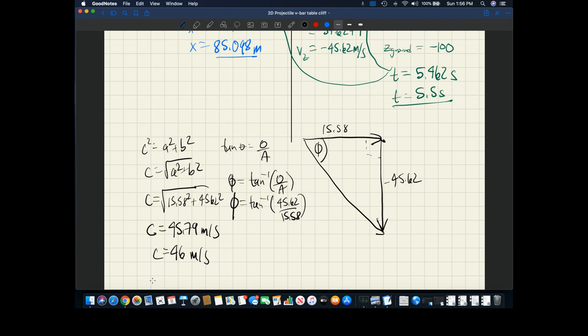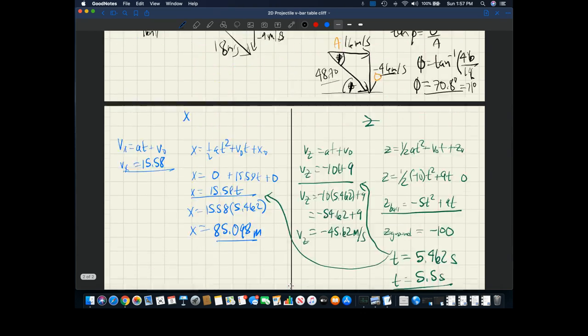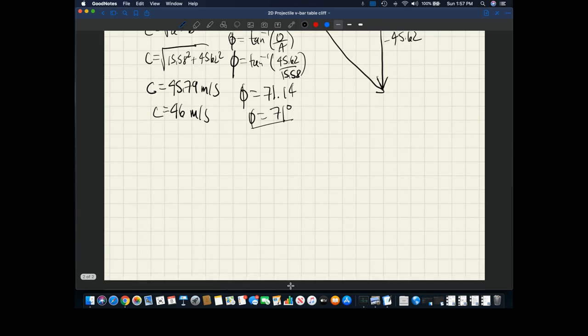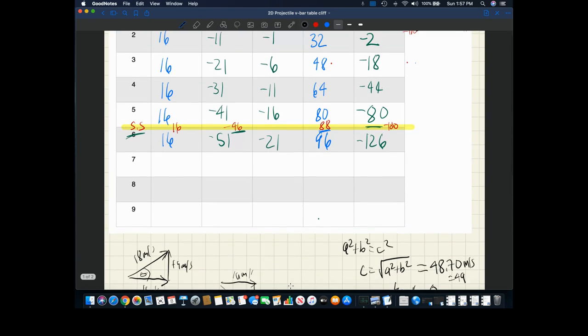So being more precise didn't help us in this case and give us more significant digits. And we find that phi is 71.14, which is 71 degrees. And as we look at the previous example, we had 71 degrees as well. So it gave us nothing different by using the precise numbers, which is pretty amazing. Just pretty amazing.